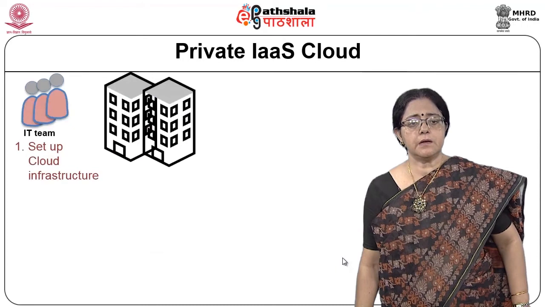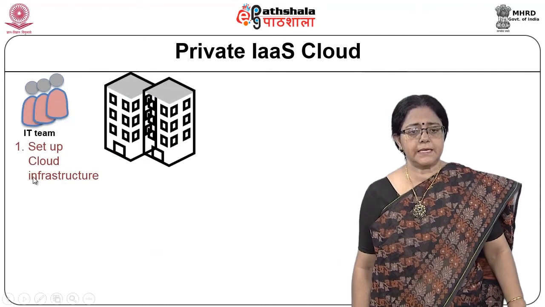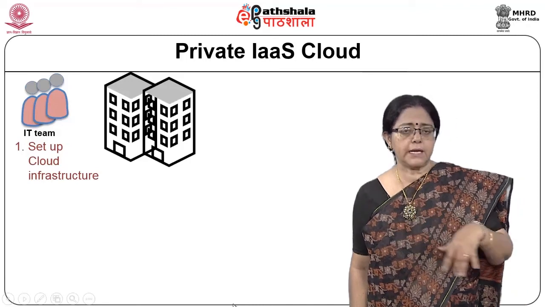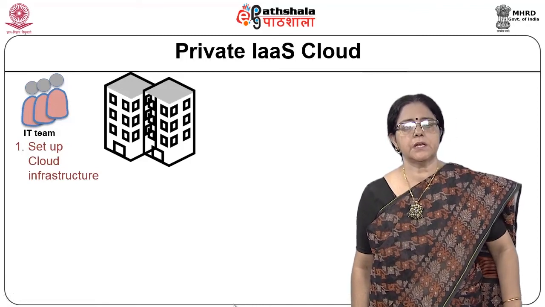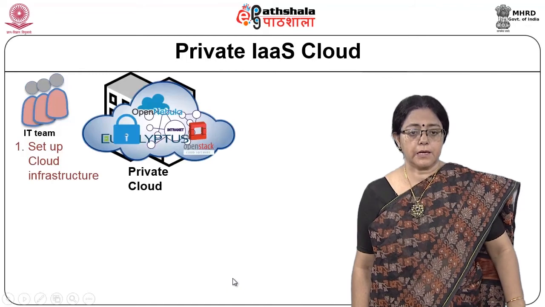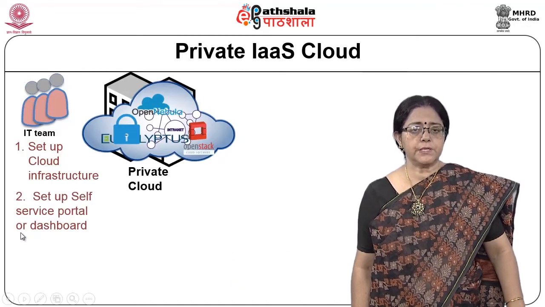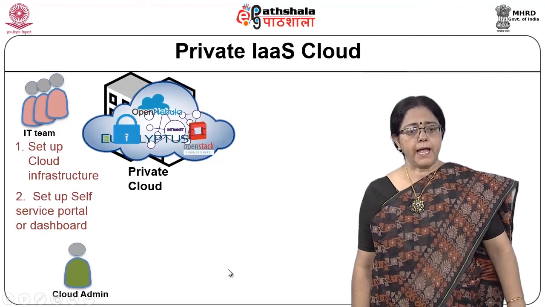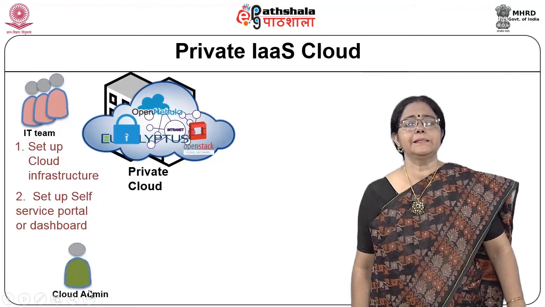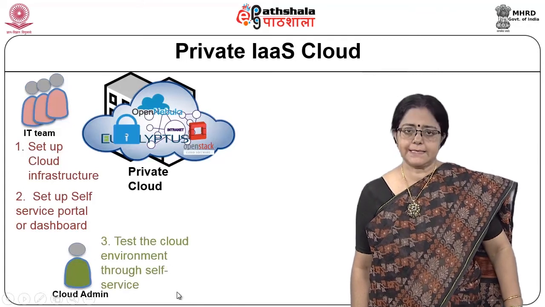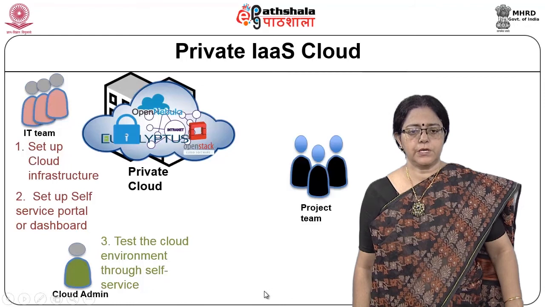So, this is the setup where this IT team first sets up a cloud infrastructure. They consolidate all the available infrastructure and create a private cloud out of it. Then they set up a self-service portal or a dashboard, and somebody has to be defined as a cloud admin, who will test the environment through self-service.